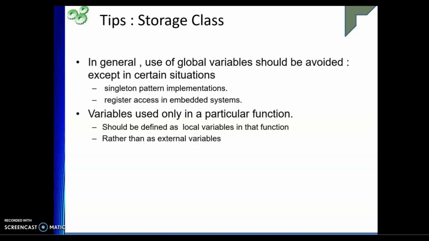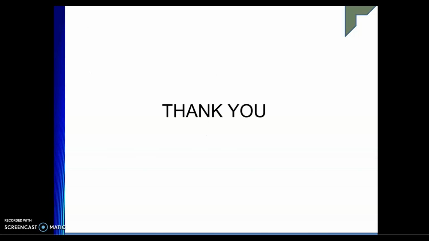If you are using a variable in a particular function, please declare it inside that function. So if I am using a sum in a function, I will declare it inside the function. Why should I declare it as a global or an external variable? I should not do that. These are the things we need to understand about storage classes.